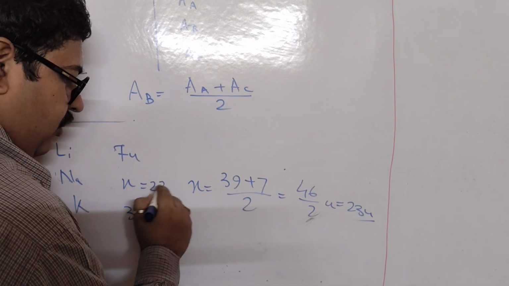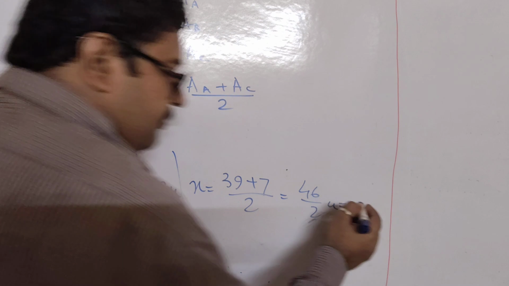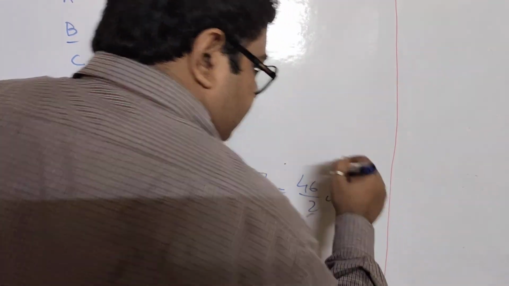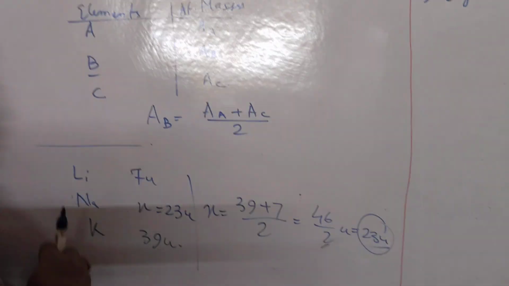Now this correlates and supports the data. This is the real value, which is in agreement with Döbereiner's law.